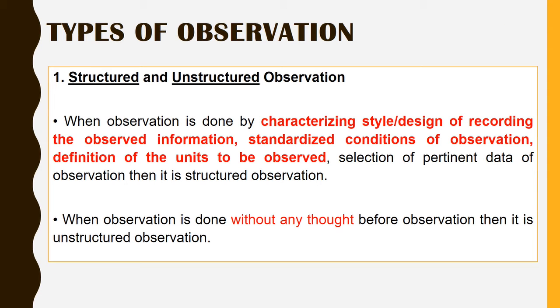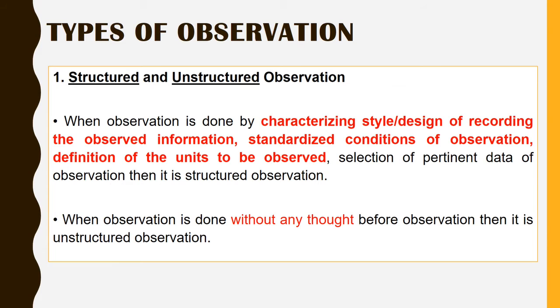Now the observation method has three different types: structured and unstructured observation, participant and non-participant observation, and controlled and uncontrolled observation. In the case of structured and unstructured observation, structured means you are going to collect the data with a proper design.